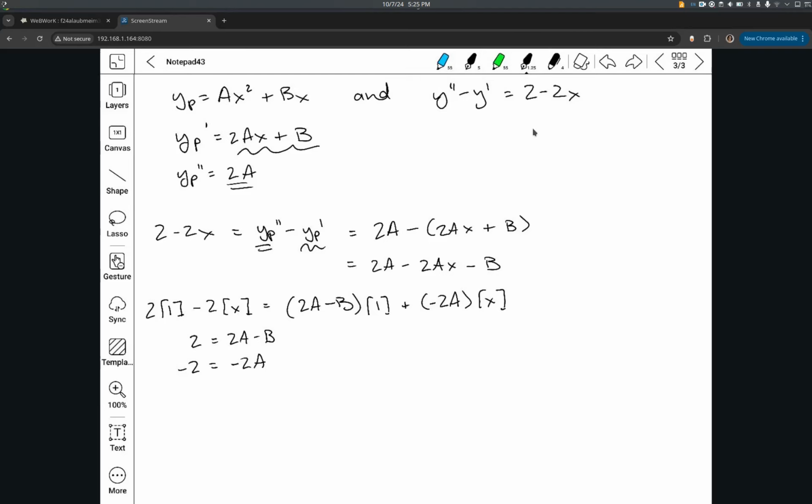So solving those equations, I'm going to get that a is equal to 1 from the bottom equation. And then plugging that 1 into the first equation gives me that 0 is equal to minus b, or b is 0. So I think my yp is just going to be 1 times x squared plus 0 times x, or x squared.